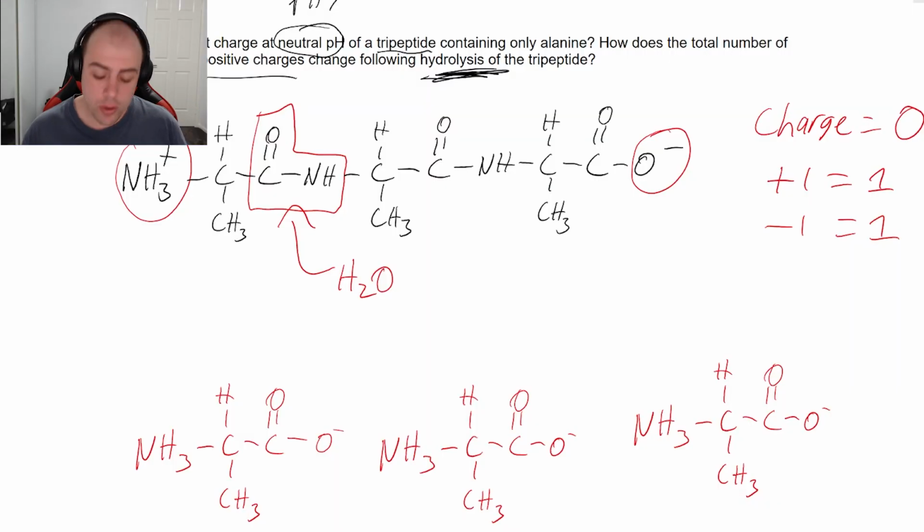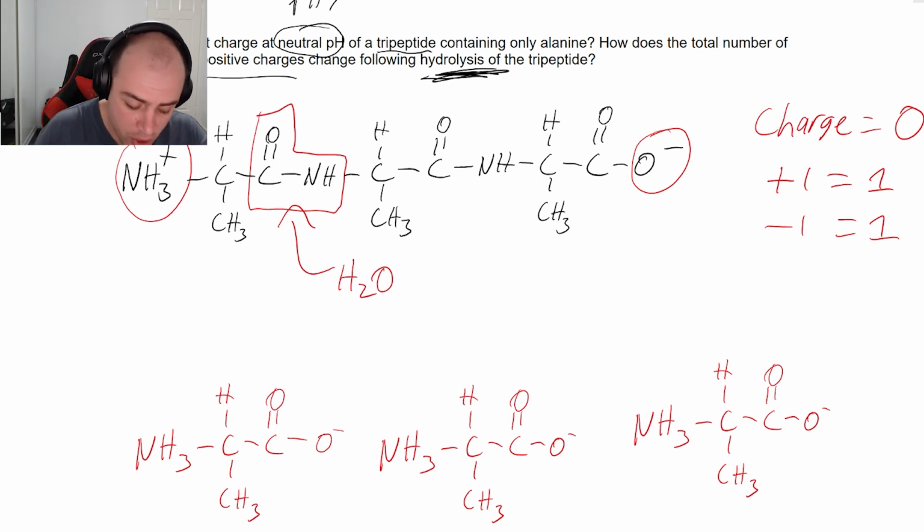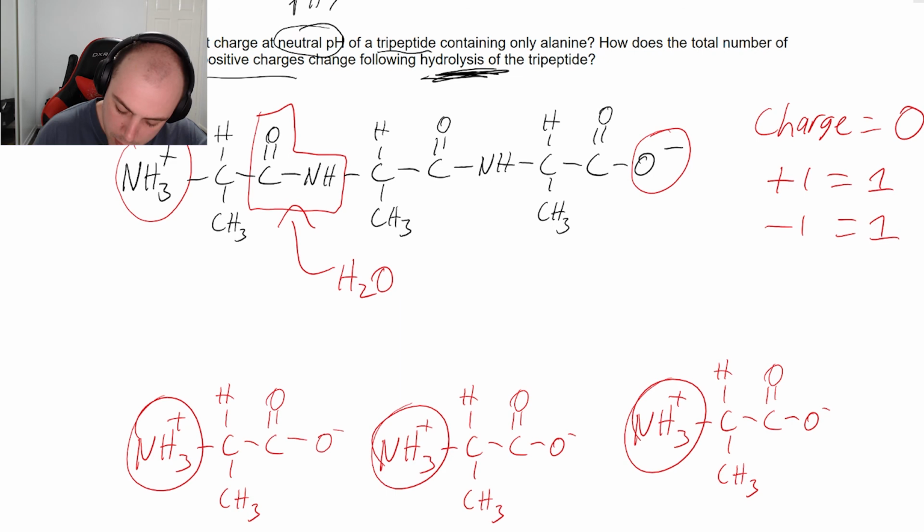Now that I've drawn my alanine molecule out 3 times, we have a look at how this question will change. So if we have +1 and -1, these are all +1. So 1, 2, 3. And our -1 is also 3.